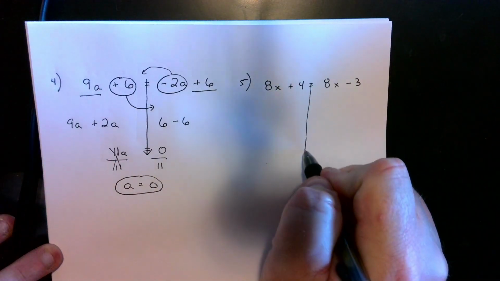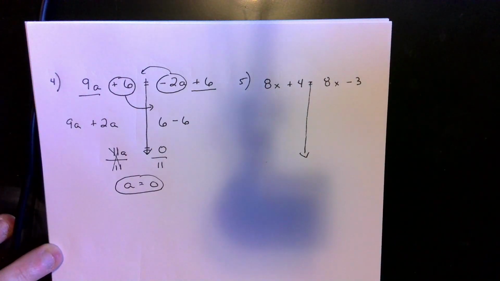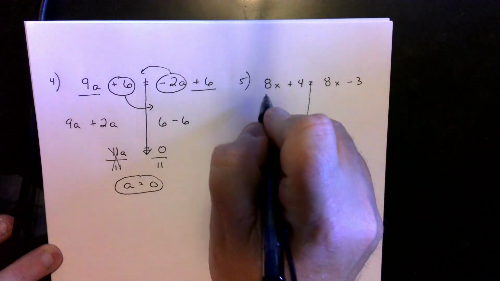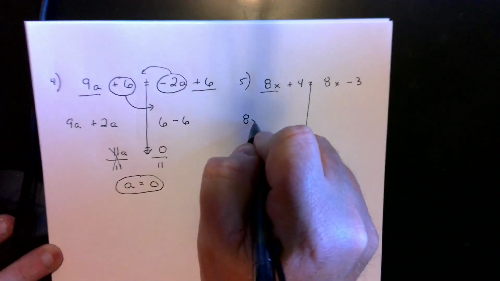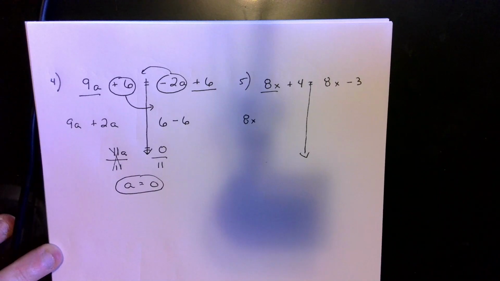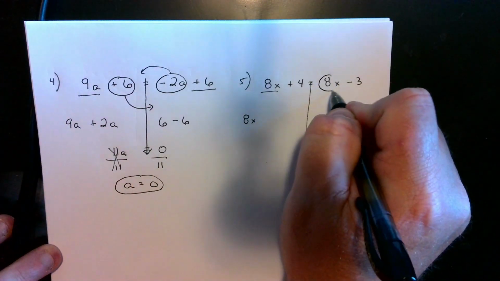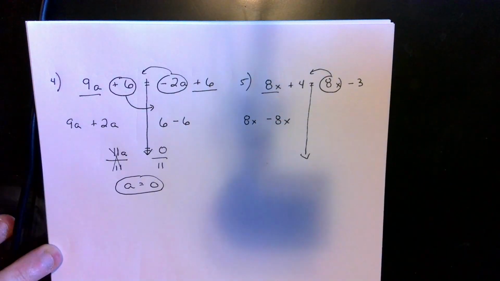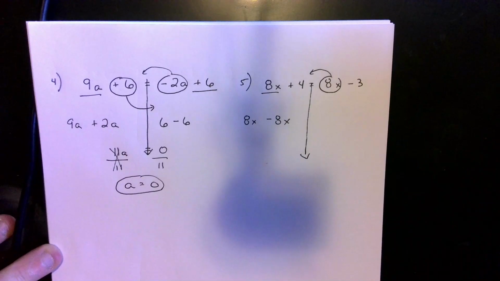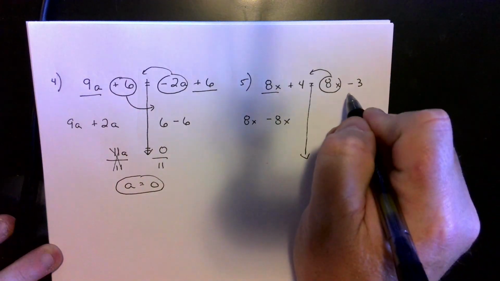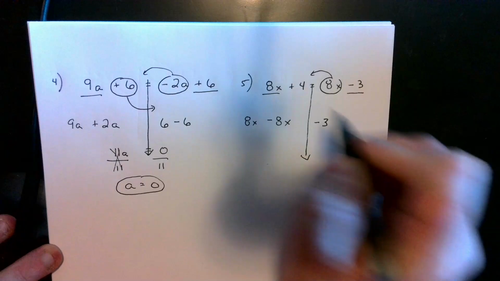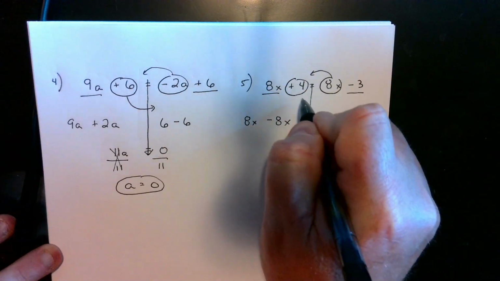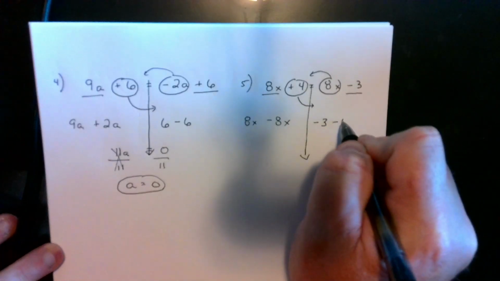Break the problem in half. 8x will currently stay on this side. 8x will come across, change to a negative 8x. Negative 3 will stay. Positive 4 will come across, change to a negative 4.